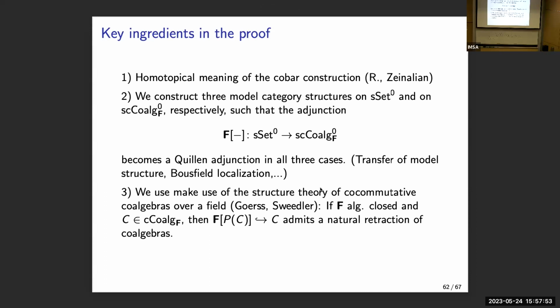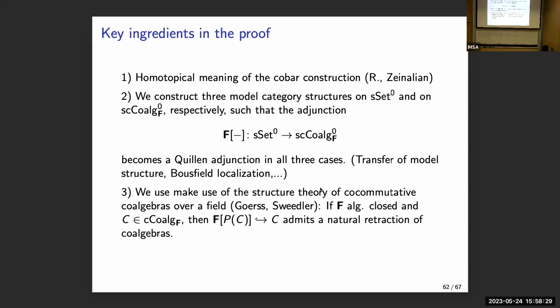The precise statement that I mean here is the following. If F is an algebraically closed field and C is a co-commutative coalgebra, this is not simplicial, it's a co-commutative coalgebra over F, then you can take the points of C and then take the free vector space with the diagonal coproduct, not the free coalgebra. The inclusion of that into C admits a natural retraction of coalgebras.